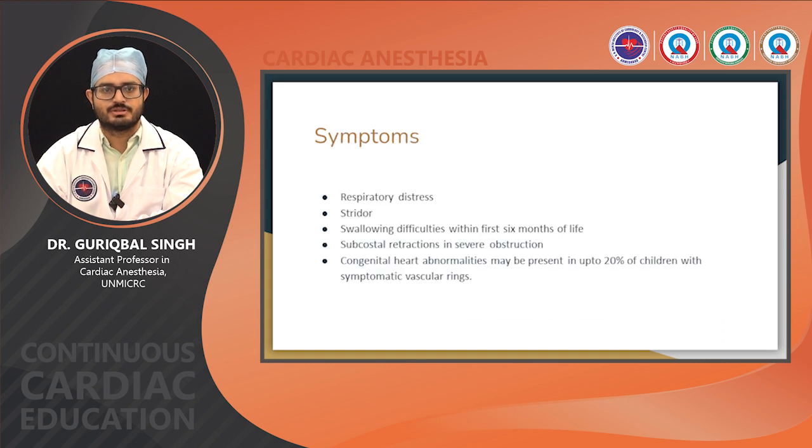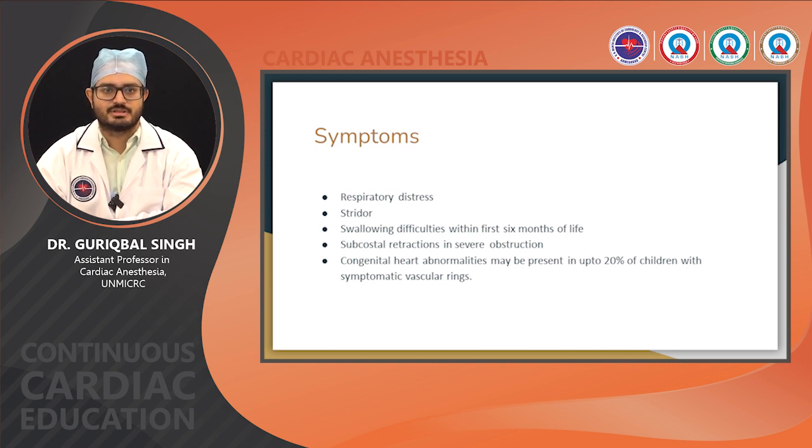So the usual symptoms in infants or in the first 3 months of life would be respiratory distress, stridor, swallowing difficulties which develop within first 6 months of life, and subcostal retraction in severe obstruction.